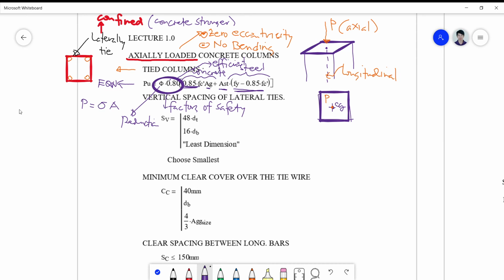So we can conclude that tied columns are 80% efficient, and the reduction of phi gives us an additional factor of safety. What again is the factor of safety of phi?